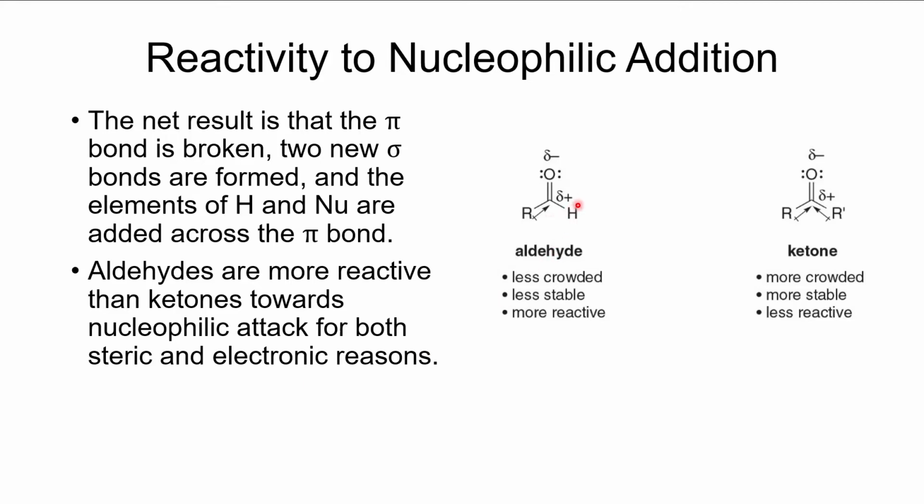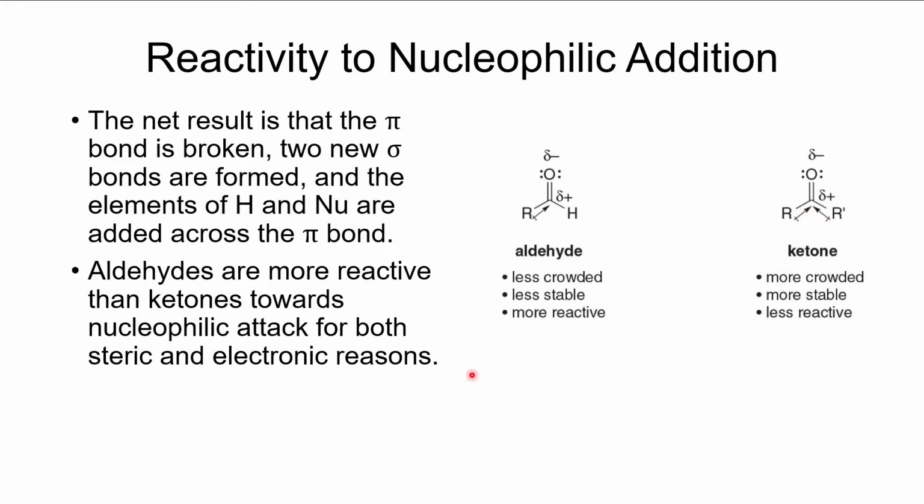With aldehydes, we have a hydrogen, a very small atom, less bulky than any alkyl group, even methyl, making it very easy for a nucleophile to approach that carbonyl carbon. So aldehydes are less sterically hindered, less crowded, which makes them more reactive. Ketones have two alkyl groups that crowd out the nucleophile and prevent it from getting to the carbonyl, or at least slow it down.